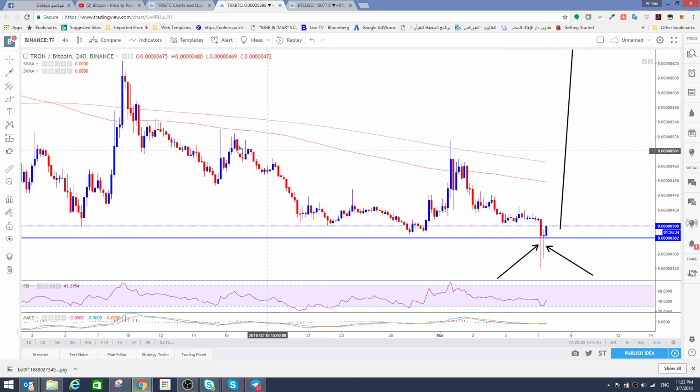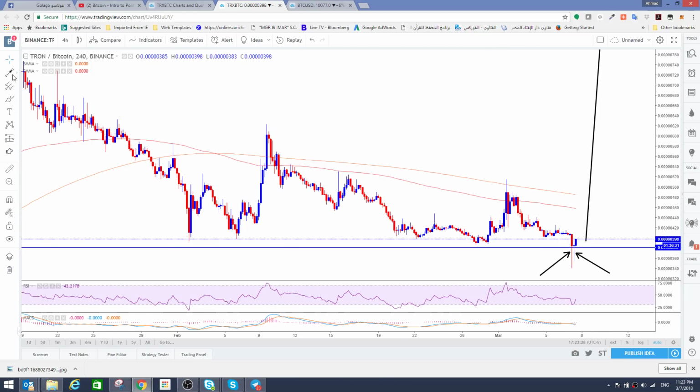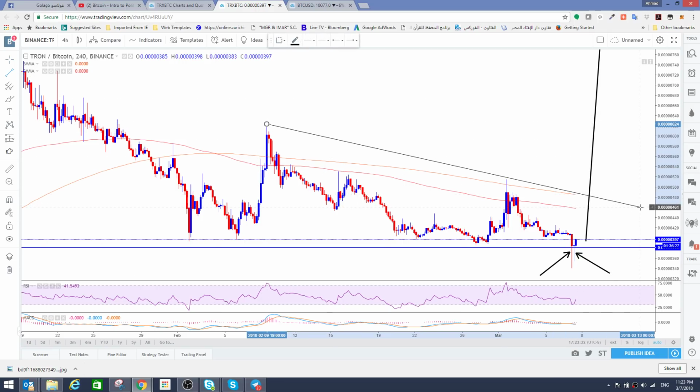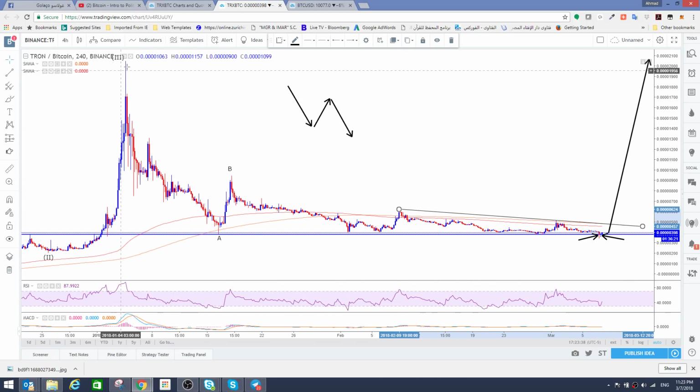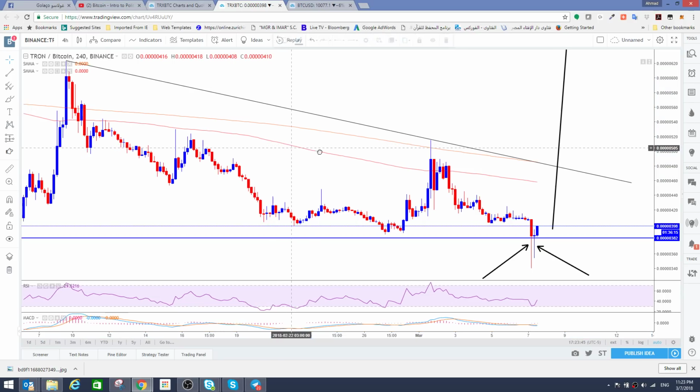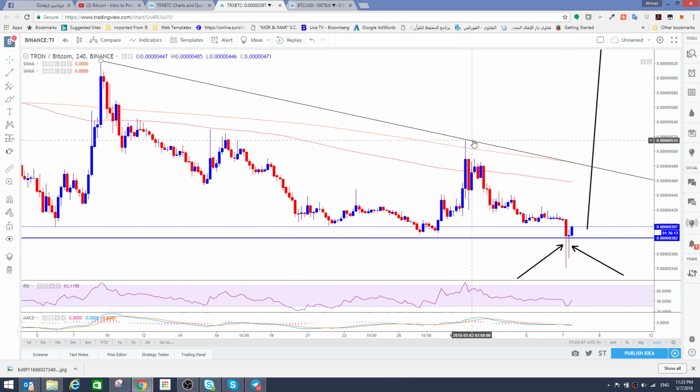Now, when can we say that it's confirmed to buy TRX again? Let's take this trend line. This is a normal trend line, but for sure if you take it from above, it will be so messy to analyze. But this trend line is very obvious, a very strong one. Why?